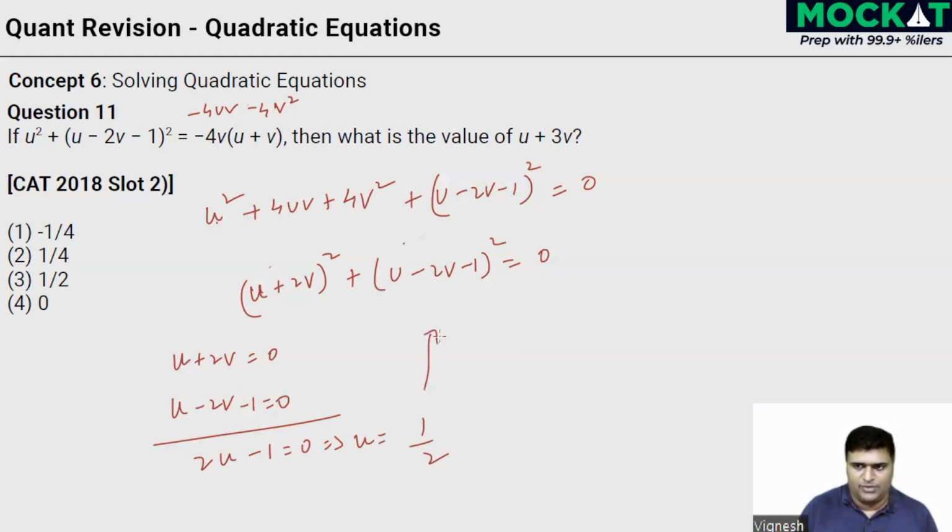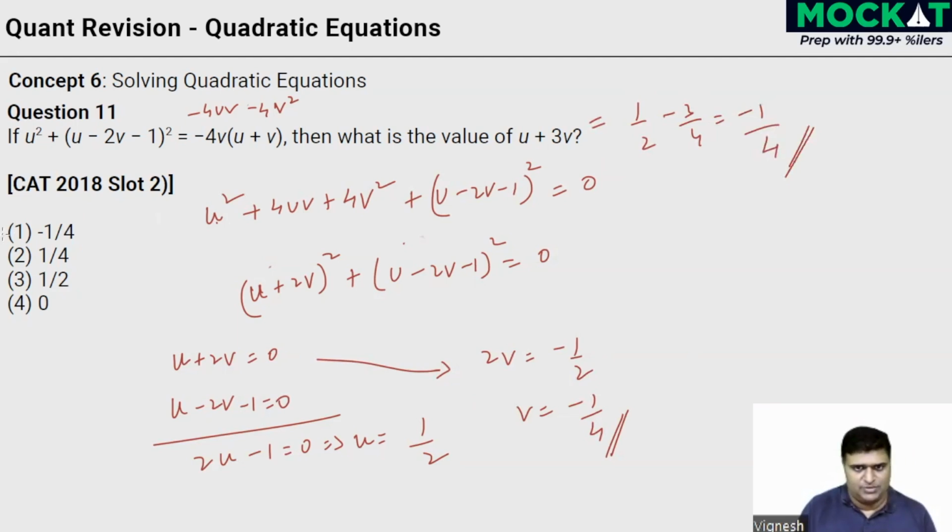If I plug into this over here, if u is half, 2v equals minus half and v equals minus 1 by 4. What is u plus 3v going to be? Half plus 3 times minus 1 by 4, which is minus 3 by 4. You take the LCM, it's going to be 2 minus 3, which is minus 1 by 4. So the answer becomes option 1, minus 1 by 4.